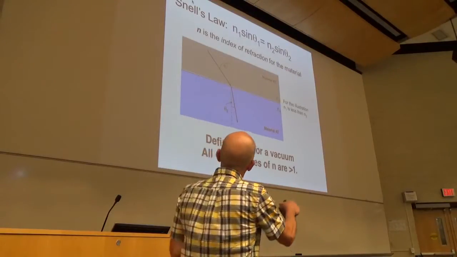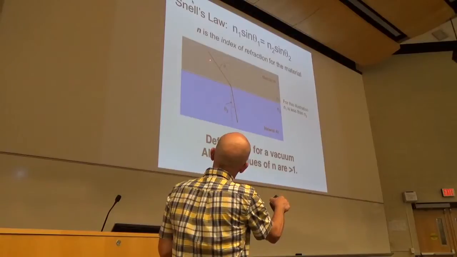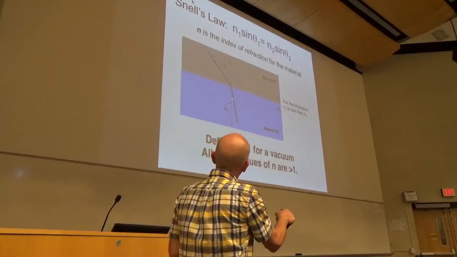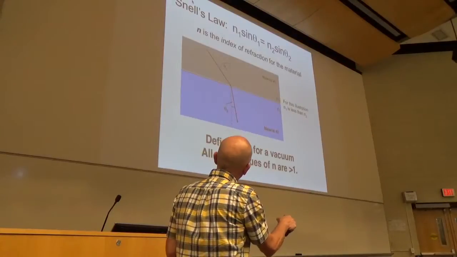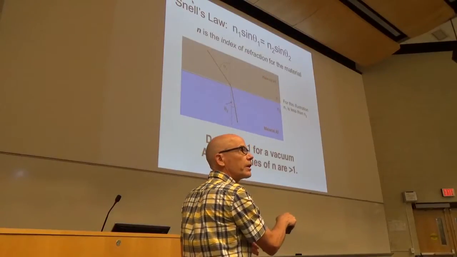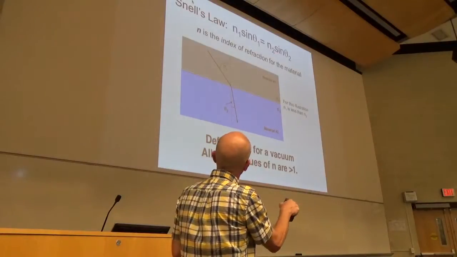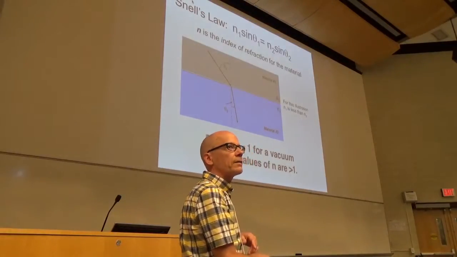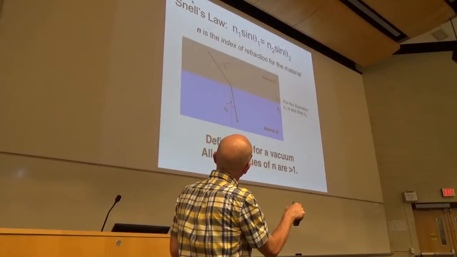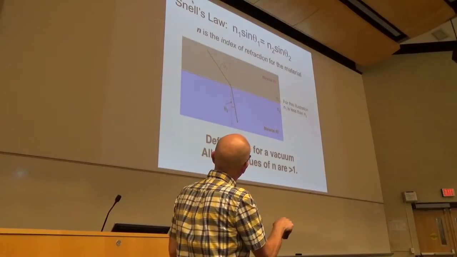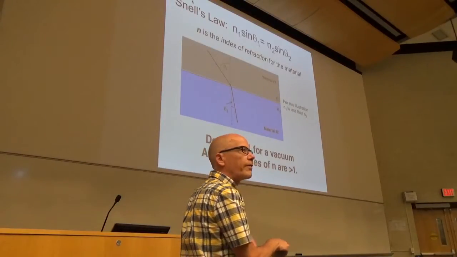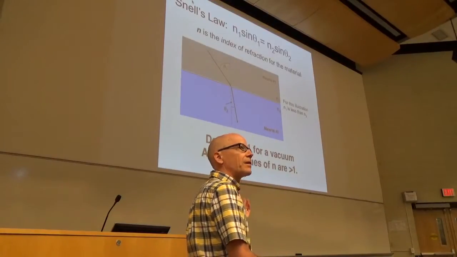I have a light beam coming down at a particular angle relative to the normal, and in this case it's air and water, so I get a bending of the light. This equation describes those angles. And then I've got N1 and N2, the indices of refraction, which I have to define. It's defined as equal to 1 for a vacuum, and all other indices are greater than 1.